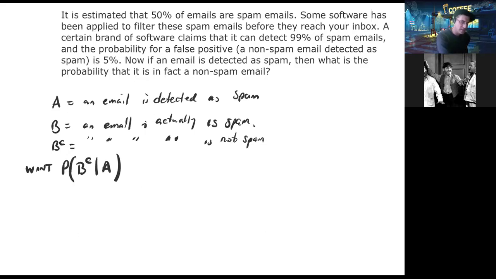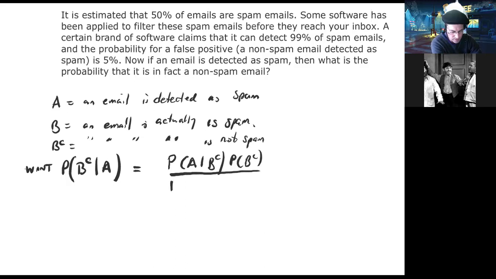That's what the question is asking. That's the last sentence of the problem. So now we could apply Bayes' theorem to this. So this is the probability of the other conditional probability, A given B complement, times the probability of B complement over the probability of A.